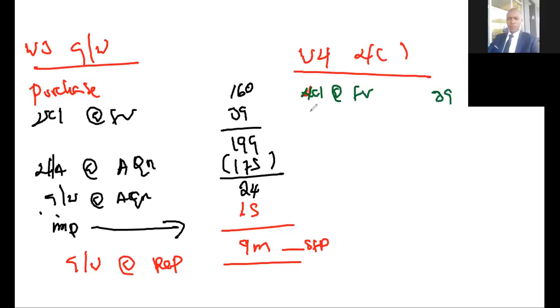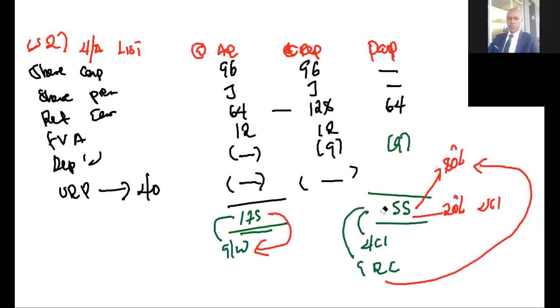Then we say NCI percentage of post acquisition profit. So we're going to say 55 multiplied by the figure. Have you remembered this figure? The figure in there, 55 for NCI.